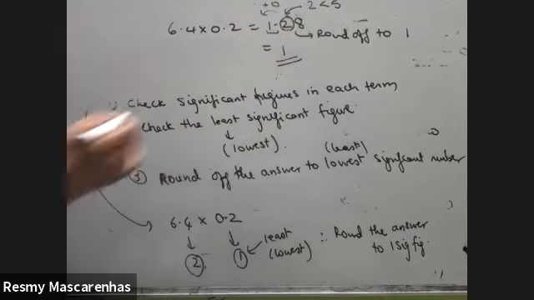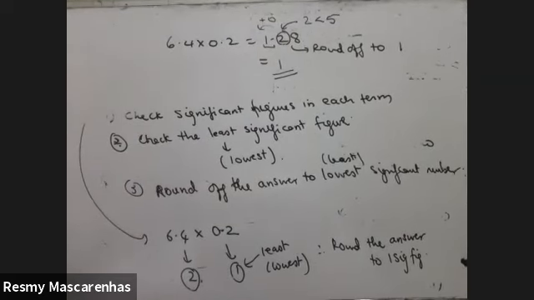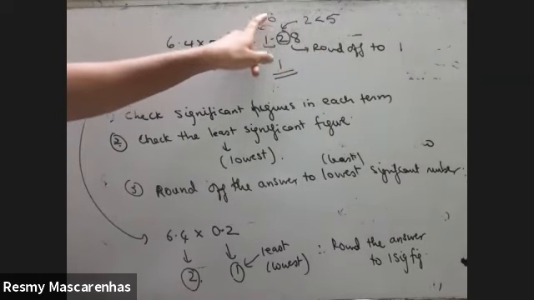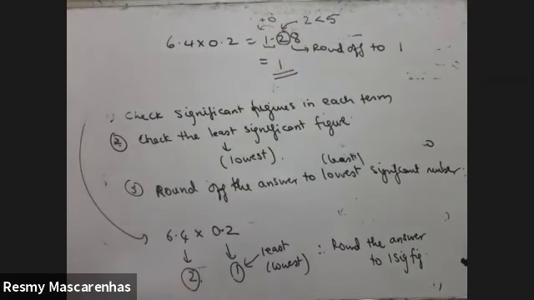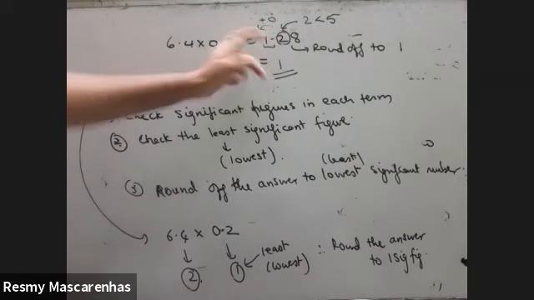The answer will be 1. Here, 2 is less than 5, so I just have to add plus 0, which means it will remain the same. If this was more than 5, then I add plus 1, and the answer would become 2.